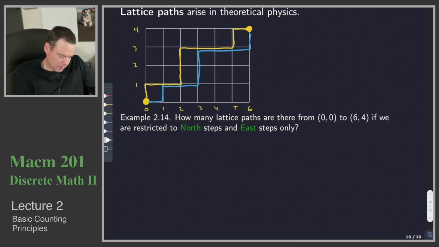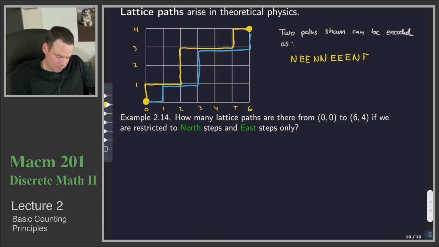Well, let's just imagine these lattice paths and try to encode the information. The 2 paths shown can be encoded or written as, well, let's see, what is the first one? The first one, which was our orange one, went north, east, east, north, north, east, east, east, north, east.